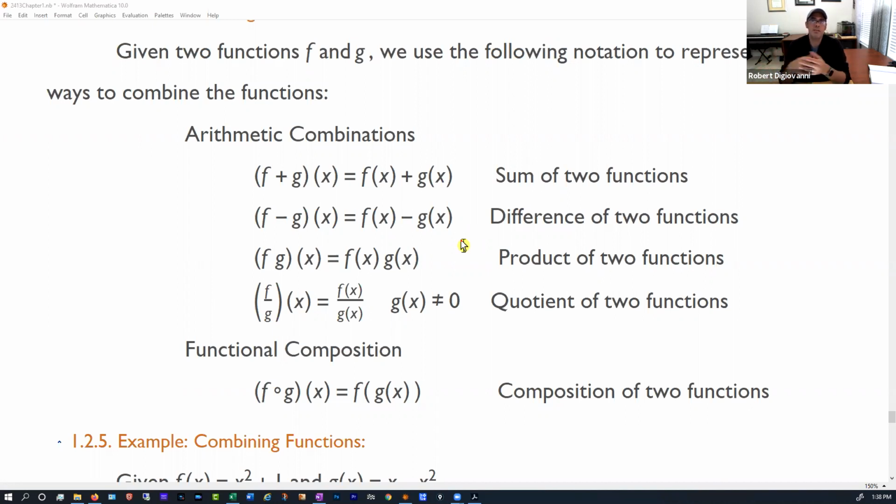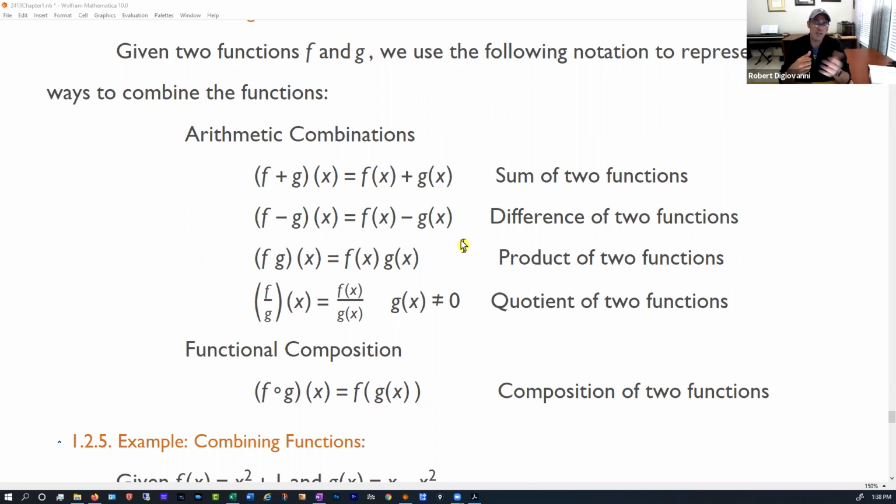What I'm getting at is when you're learning about numbers in grade school, they tell you, okay, you can do 4 plus 3, 4 minus 3, 4 times 3, 4 divided by 3. But they never tell you to do 4 composed with 3, right? That makes no sense. We don't know what that means. But with functions, you have this thing called composition.